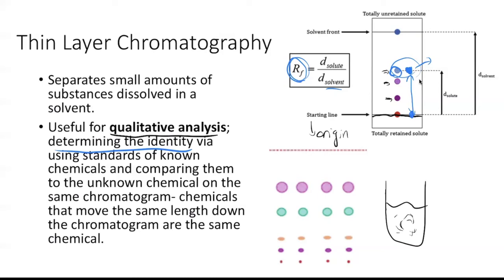Depending on which one they have a greater affinity for, they'll spend more time in that phase, and that dictates what their RF ultimately is. We can use that to determine the identity of a compound. We can't really use it to determine the concentration of that compound in a solution. We can only use it for qualitative analysis, as I've said.